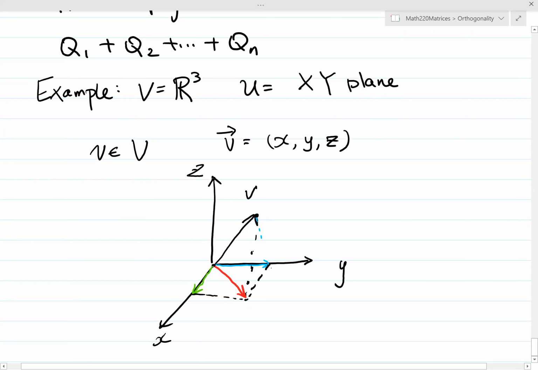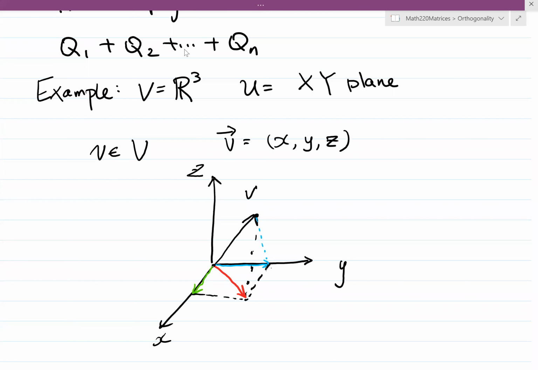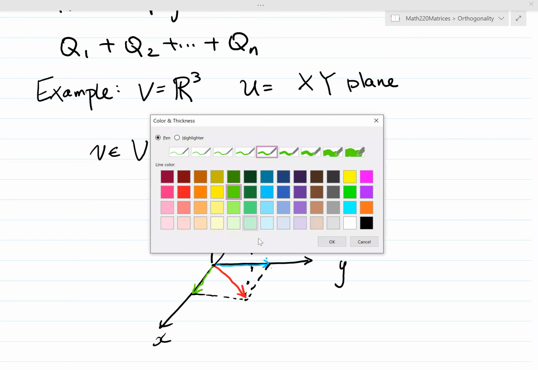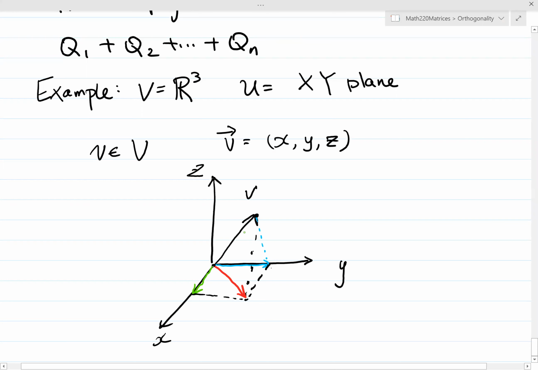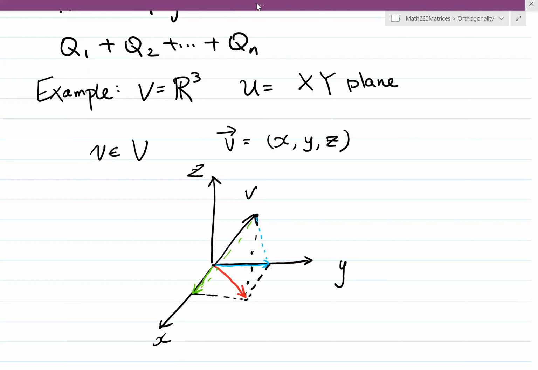This is projected onto Y, and the green is projected onto X. Now you see the projection onto X plus the projection onto Y is the projection onto the XY plane.